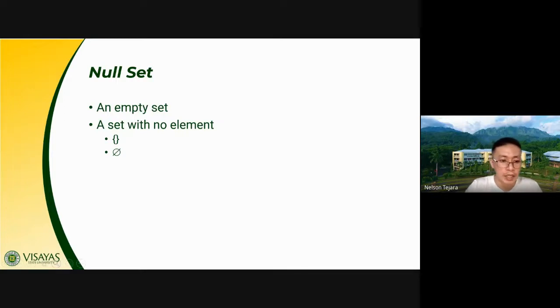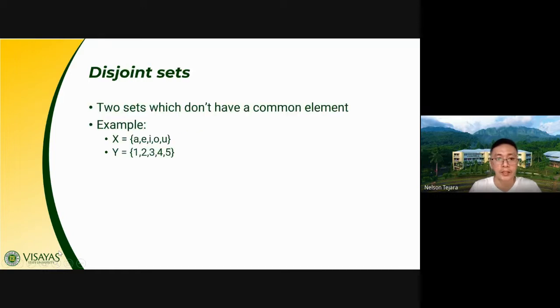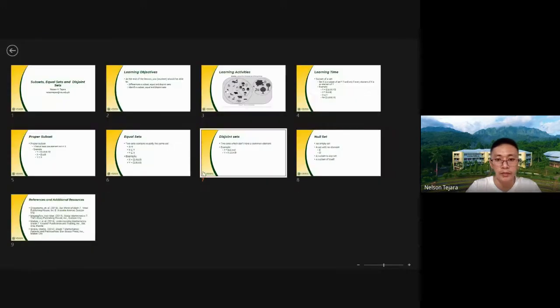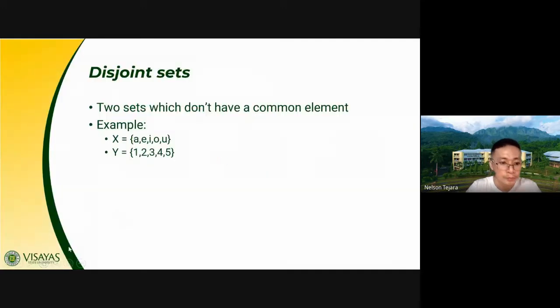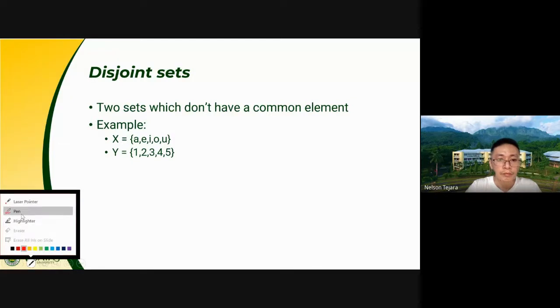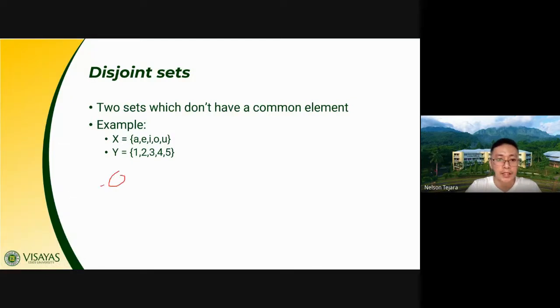Now, can we say, class, for example, in this example, set X and set Y, can we say that the null set is a subset of X? Is this true or false?